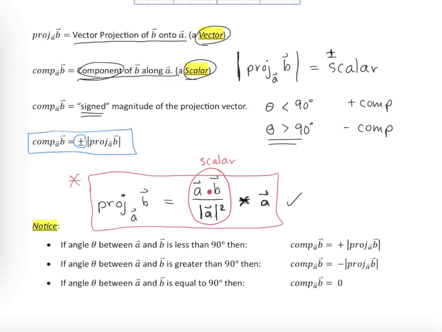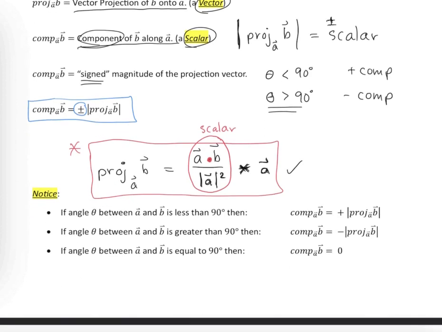If that scalar multiple is a positive quantity, we're going to be in the same direction as the A vector. If our scalar multiple is a negative quantity, we're going to be in the opposite direction of our vector A. If that scalar multiple is 0, then that means that the two vectors must have been perpendicular to each other.